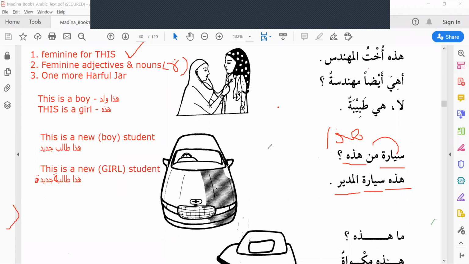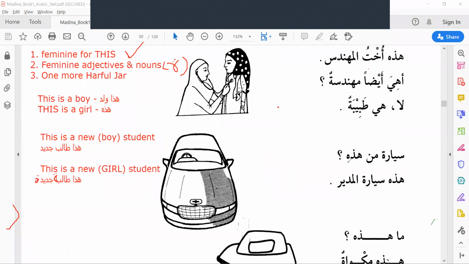Whenever you say apostrophe or of, the words are in possessive form. So this is mudaf, mudaf ilayhi. Sayyaratul mudiri, the principal's car. We have to say mudiri because it is mudaf ilayhi. Sayyaratu man hadihi.